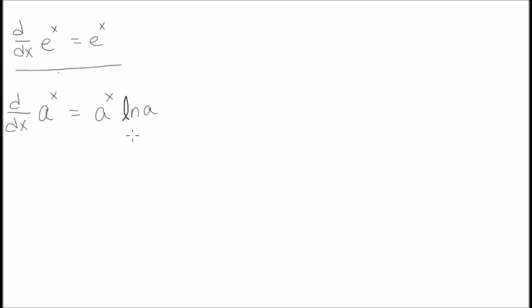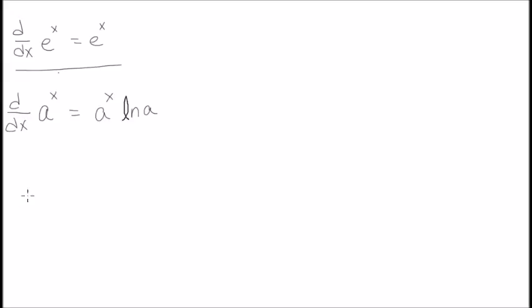So you'll see that this specific rule for the exponential with the base of e works out for a more general form because, of course, the natural log of e is equal to 1.